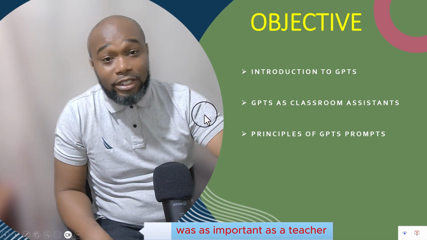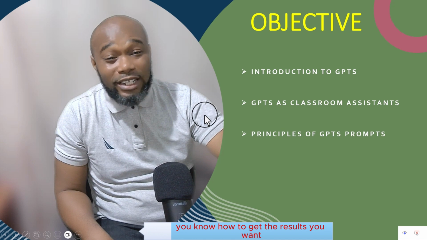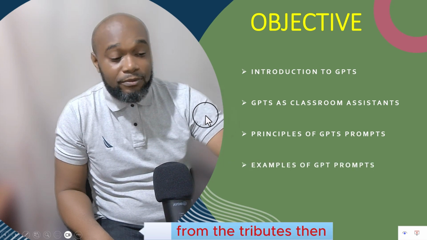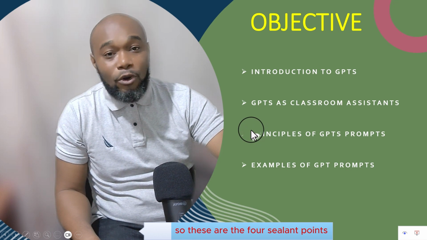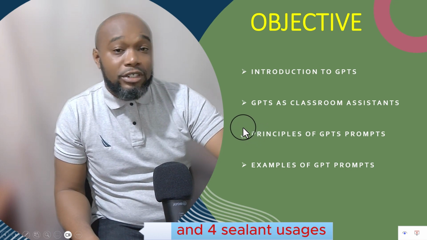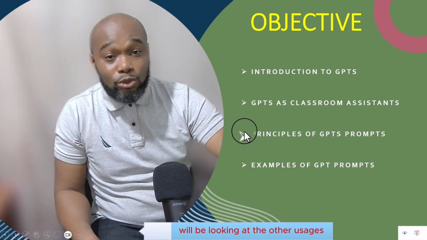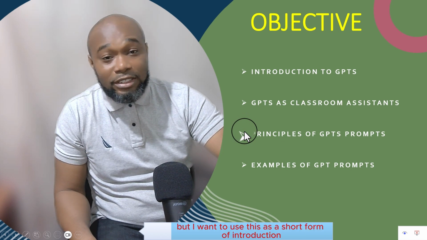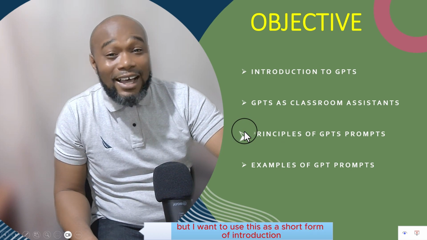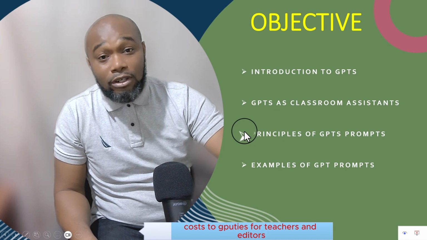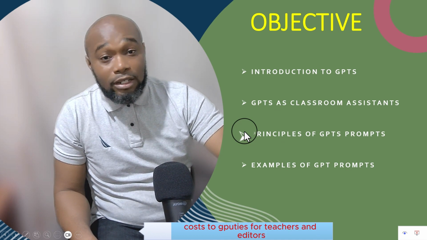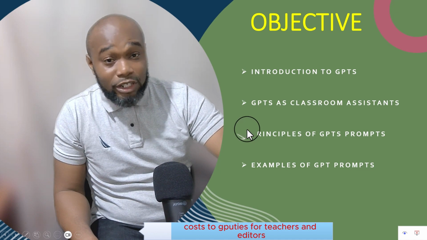Because it's important as a teacher to know how to get the results you want from the GPTs. Then examples of GPT. So these are the 4 salient points and 4 salient usages we're going to be looking at. There are other usages, but I want to use this as a short-form introduction course to GPTs for teachers and educators.